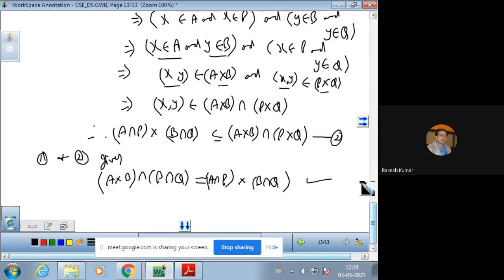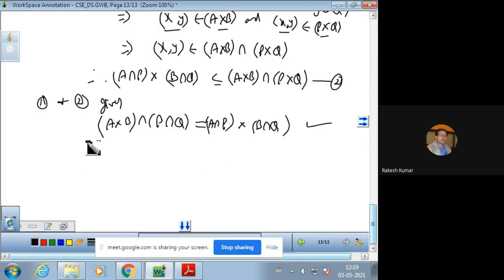Similarly, we will have many more results which we can easily prove. We have one more result, and that is A cross B intersection C should be equal to A cross B intersection A cross C. Now this result can also be proved in the similar manner.